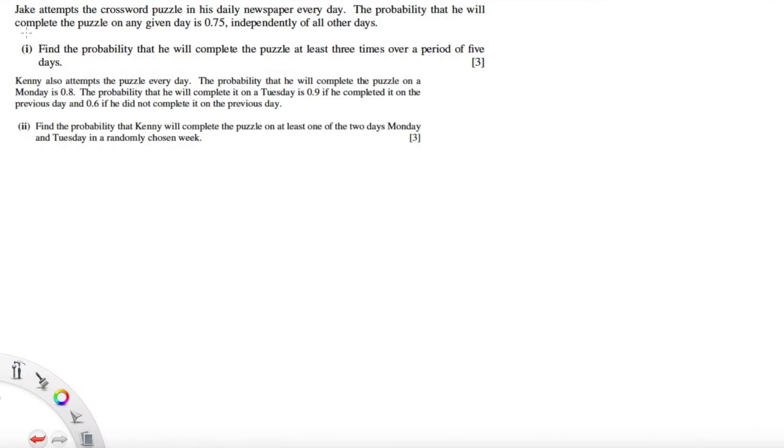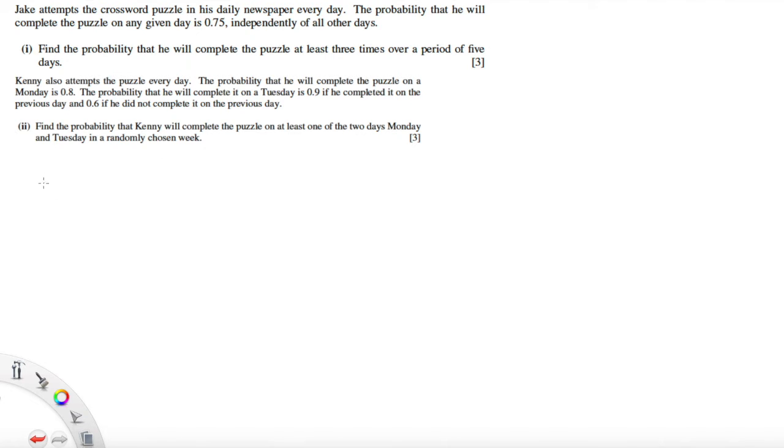Question number 3. Jake attempts the crossword puzzle in his daily newspaper every day. The probability that he will complete the puzzle on any given day is 0.75, independently of all other days. Part I, find the probability that he will complete the puzzle at least 3 times over a period of 5 days.